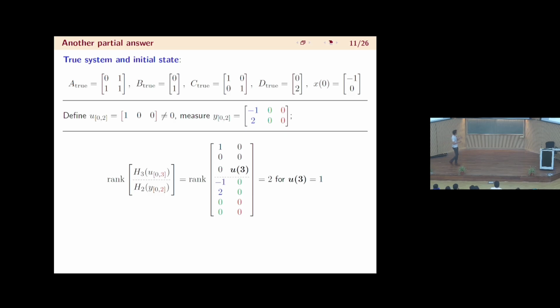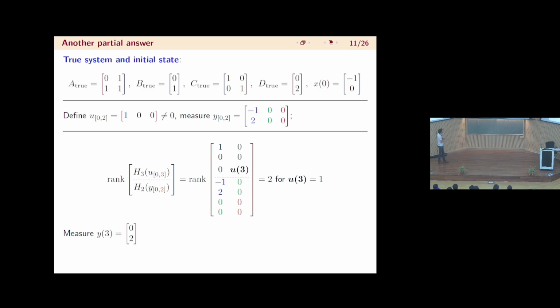If I choose u3 in a slightly silly way, if I would choose it 0, then of course this whole column would be 0, and I would not increase the rank. But if I choose it in a sensible way, namely u3 is not 0, then indeed I increase the rank. So I choose u3 to be 1, and then indeed you see that in the second step I have a rank 2 matrix.